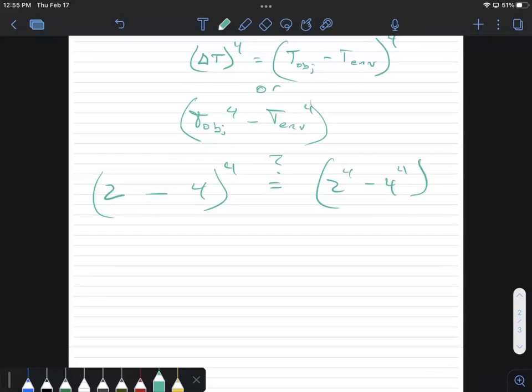Well, 2 minus 4 is -2, and -2 raised to the fourth power is 2 times 2 is 4, times 2 is 8, times 2 is 16. So this would be positive 16. The other answer, 2 to the fourth power is 16, minus 4 to the fourth power. Well, let's see, 4 times 4 is 16, times 4 is 64, times 4 is 256.